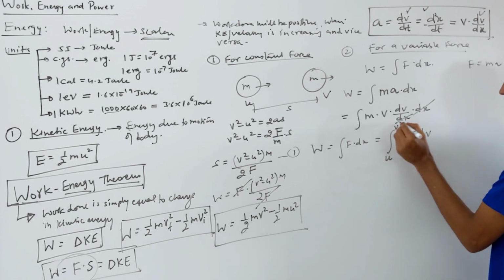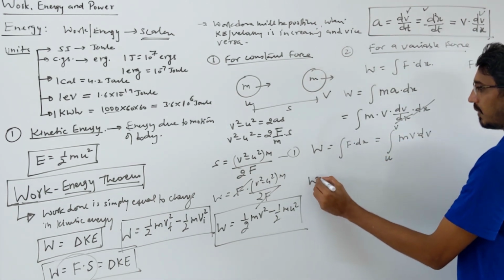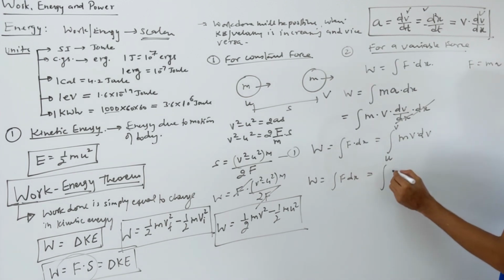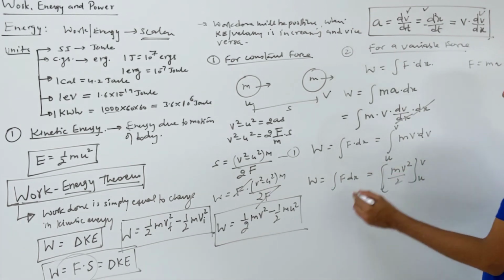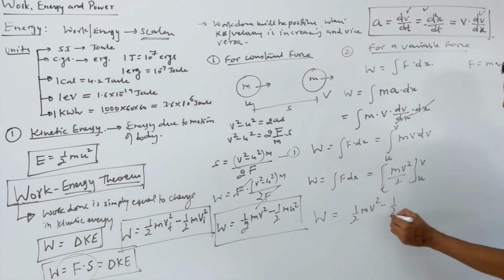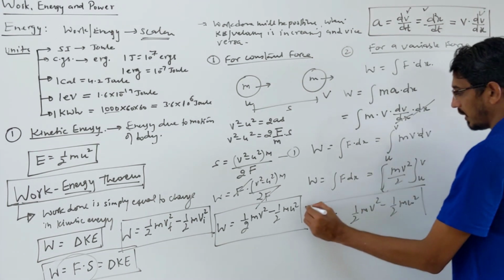Velocity varies from u to v. So what is the answer? Work done becomes m v square by 2, and the limits are u to v. When you put the values, you get the same answer, half m v square minus half m u square.